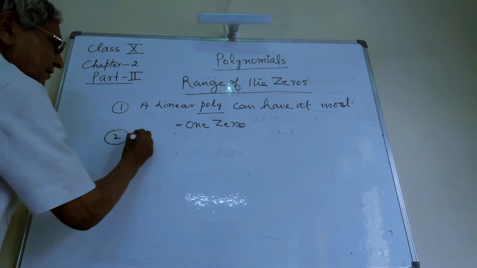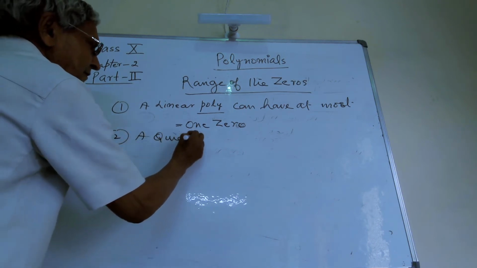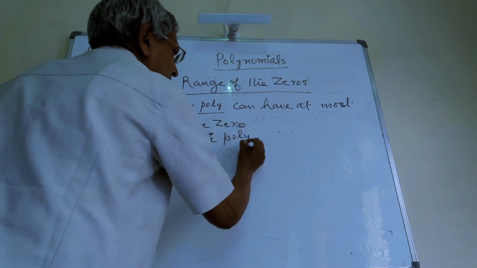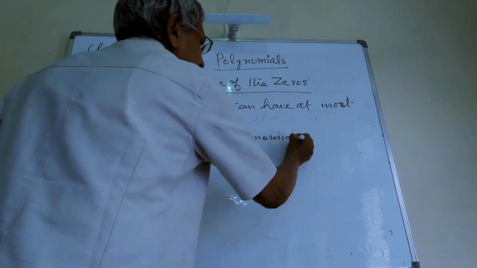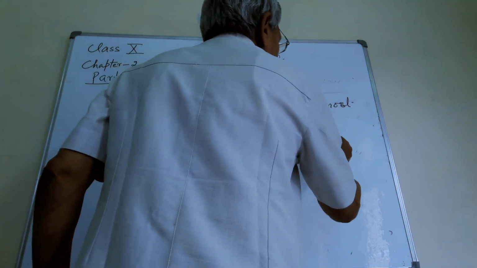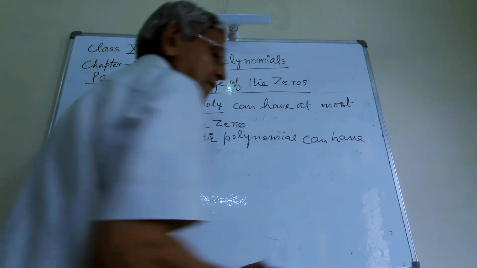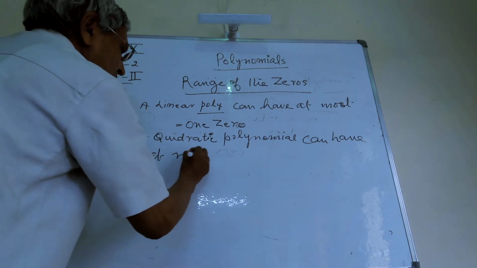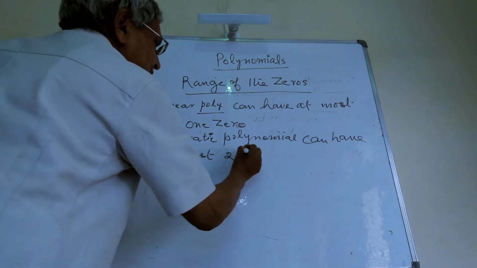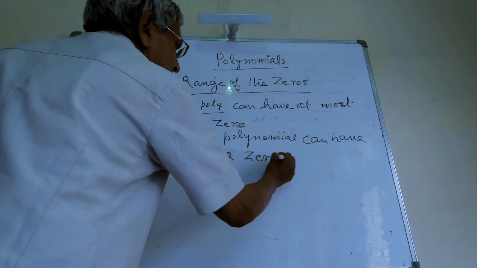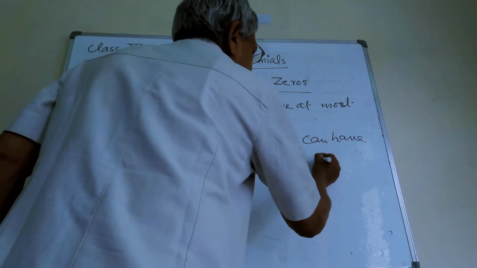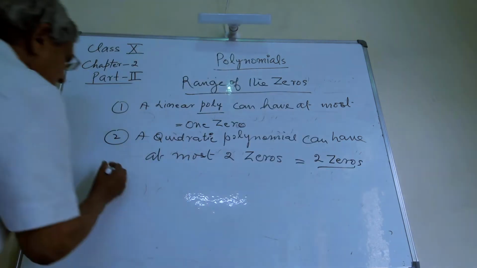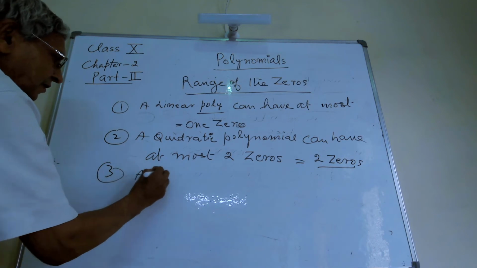Second, a quadratic polynomial. A quadratic polynomial can have at most two zeros. Third, a cubic polynomial.